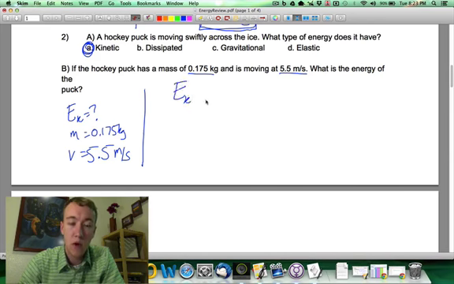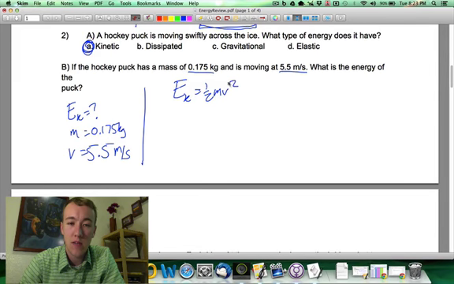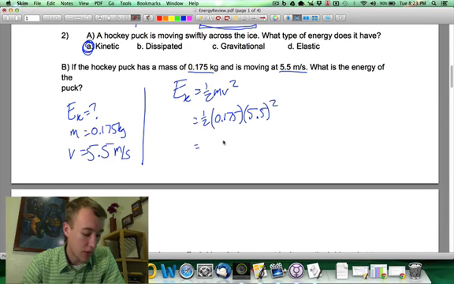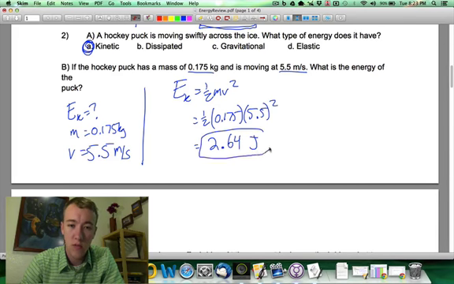Earlier we wrote that kinetic energy is 1/2 mass times velocity squared. So we're going to plug in those variables. 0.175 is the mass and the velocity was 5.5. Square that. And if you calculate this out, this is 2.64 joules. Energy's in joules.